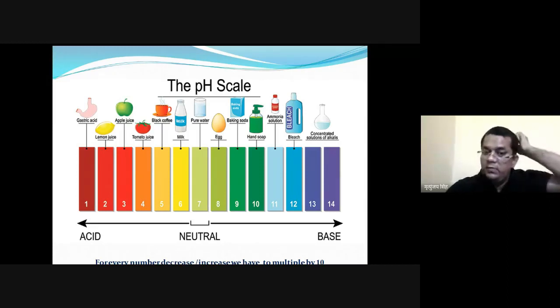Like pH 5 is 10 times weaker acid than pH 4 substances. Likewise, pH 10 is 10 times more basic than pH 9 substances.